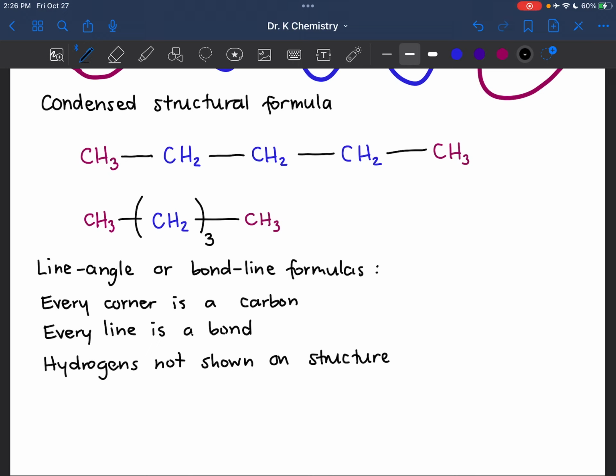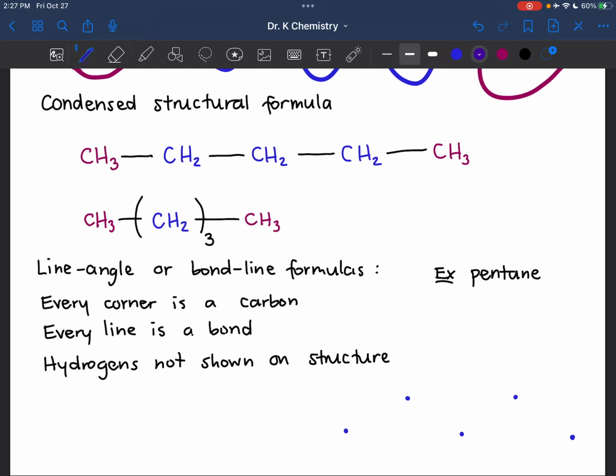So what we're going to do, let's say that we want to draw pentane in the bond line or line angle system. I want to show every carbon, and I know that I need 5 carbons because the prefix is pent. So I'm going to just draw 5 dots in a zigzag format. Each of these dots represents a carbon.